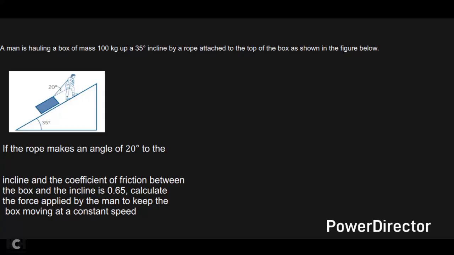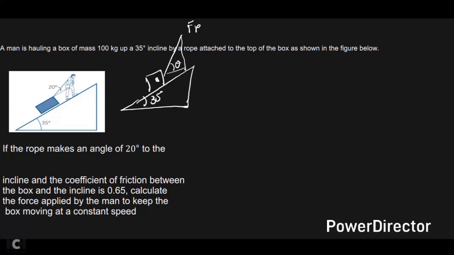In this situation, the first thing is to draw the free body diagram. As I said, you have to draw the free body diagram, because it helps in identifying the forces. We are applying the force on this side. This is the angle which is 20, and this is the angle which is 35.